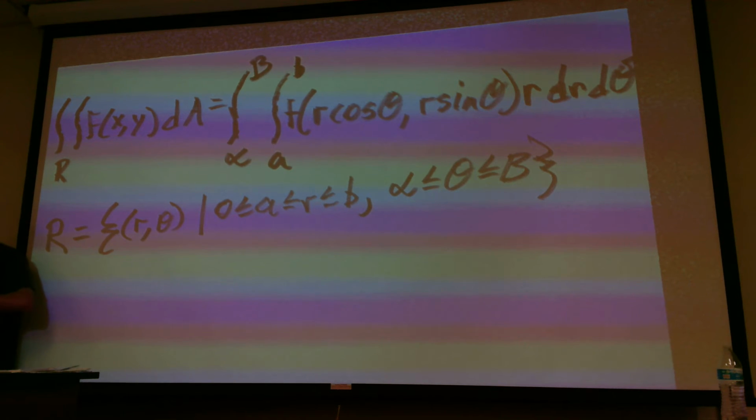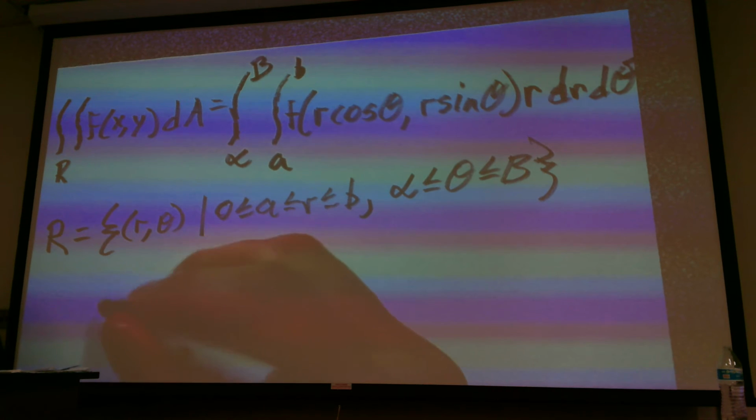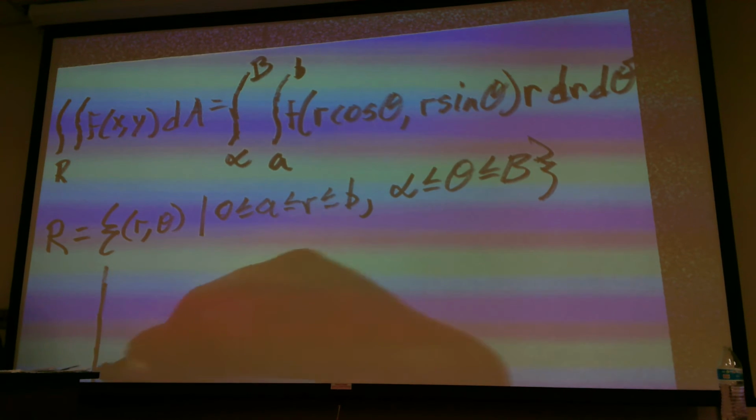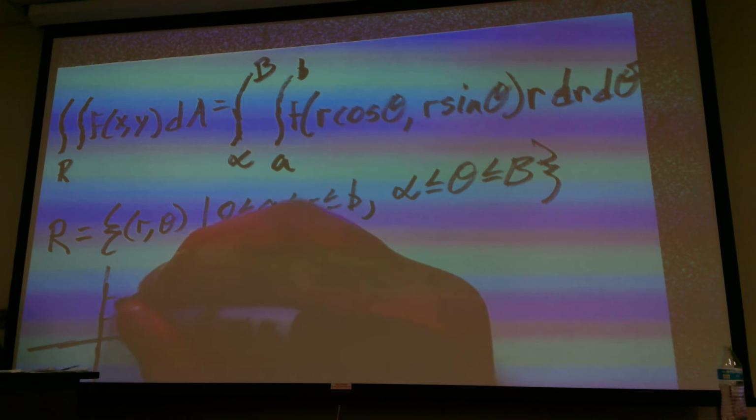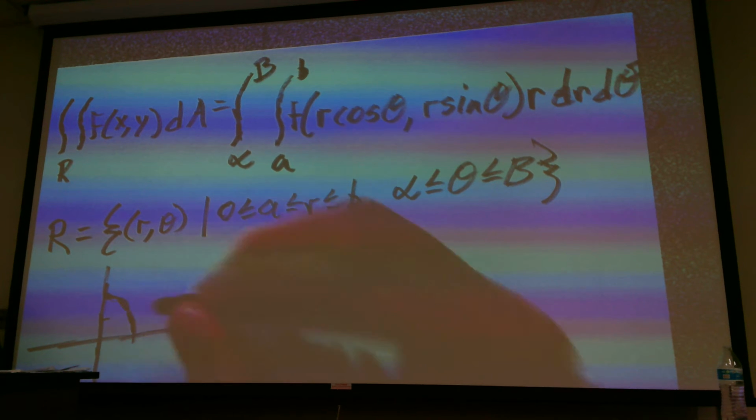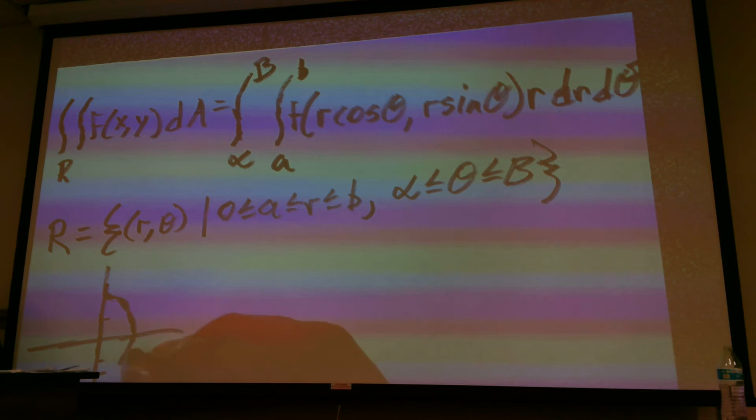So what would the region be? Let's consider our circle that we were looking at just a second ago. 1, 2, 2.